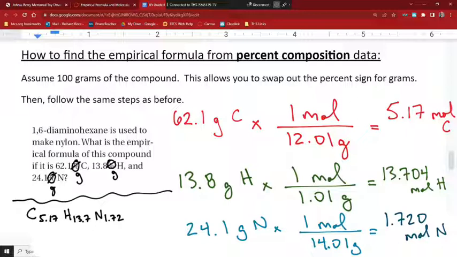Now that doesn't look like a normal chemical formula because those aren't whole numbers. To take them into whole numbers, I need to divide by the smallest number. Which is smallest? 5.17, 13.7, or 1.72? 1.72. So let's divide all of those by 1.72.